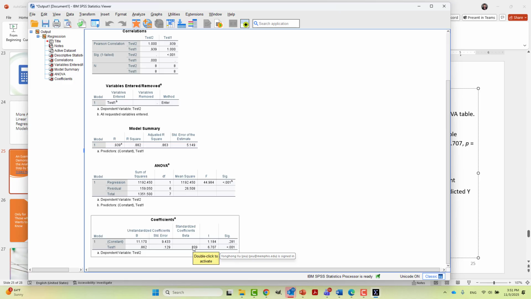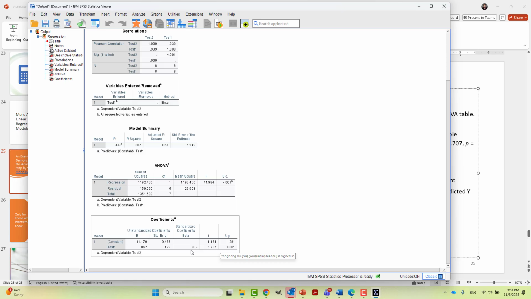The standardized regression coefficient 0.94 means that for one standard deviation increase in test 1 scores, the predicted increase in test 2 scores is about 0.94 standard deviation, which is quite strong.